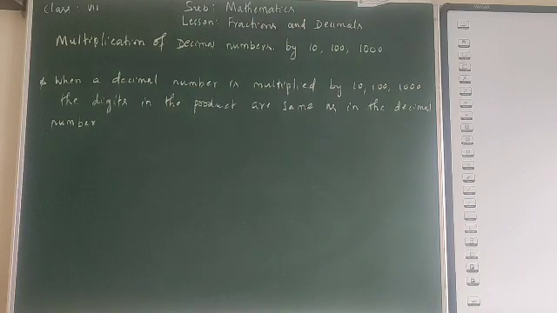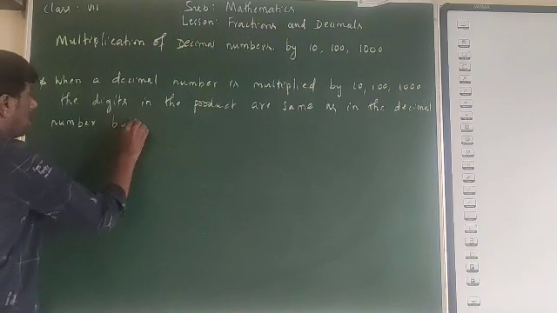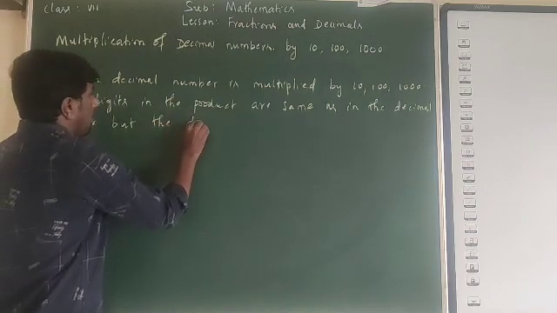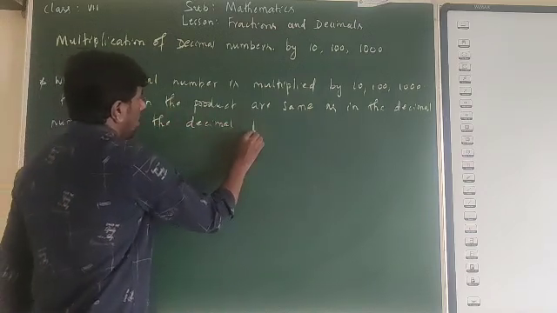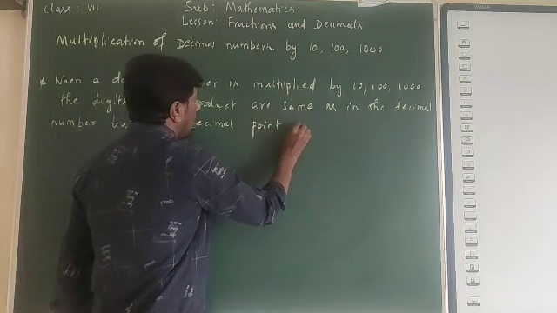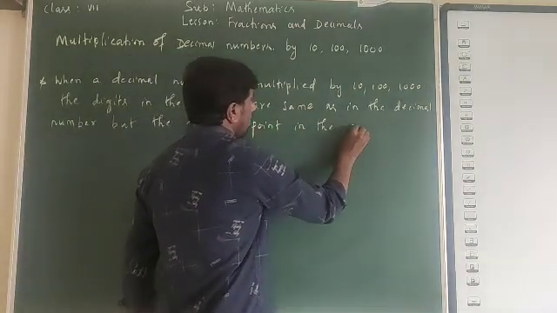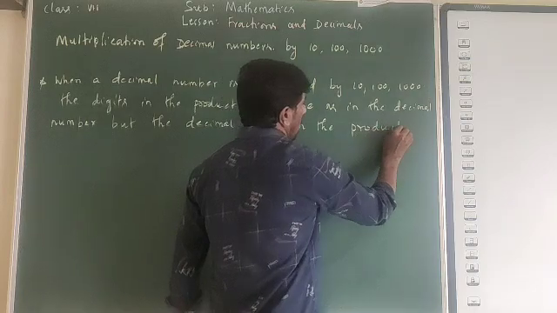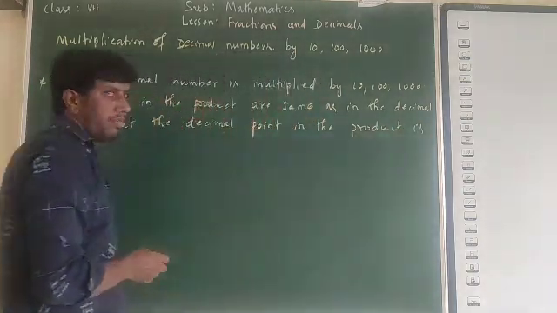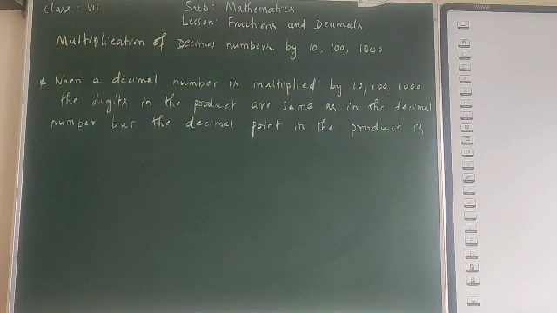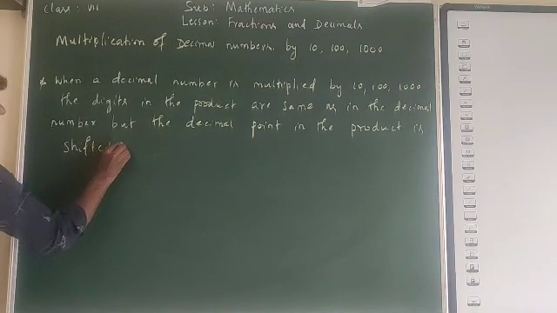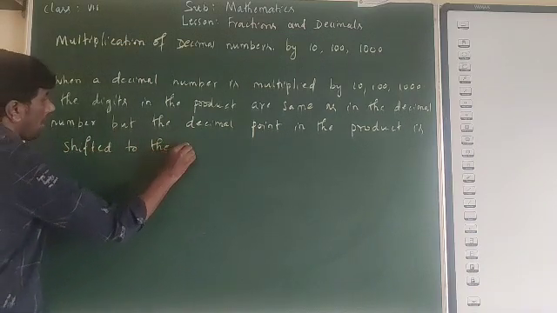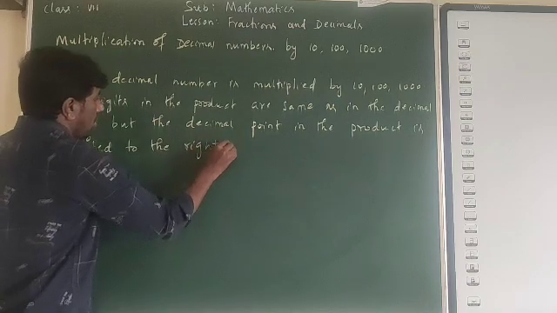The digits are same, but the decimal point in the product is shifted to the right. How much?